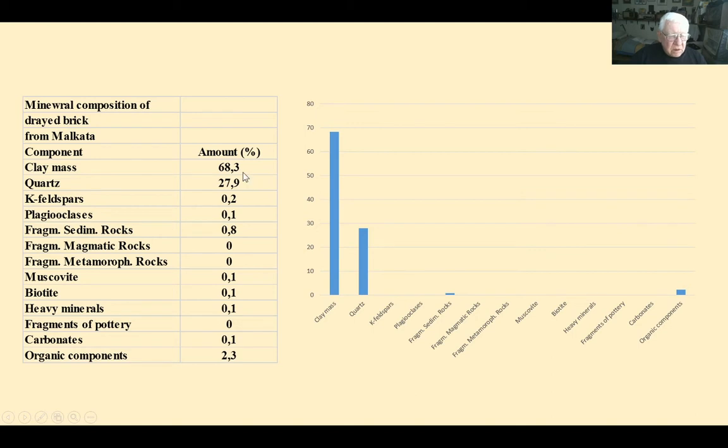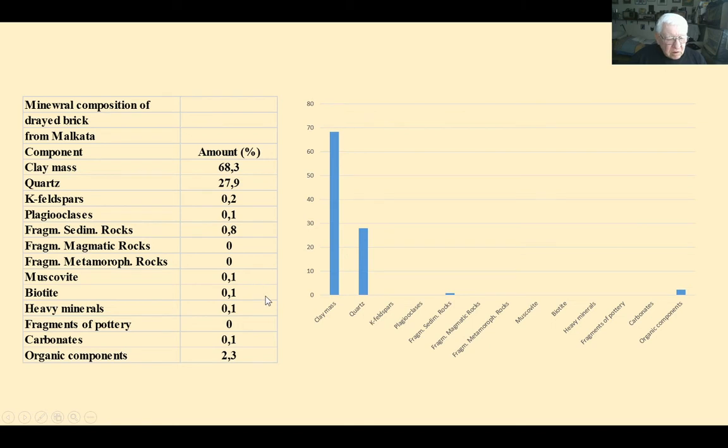Clay minerals are dominating, near 70%, quartz near 30%, and the rest of the material is quite a lot of organic substance.